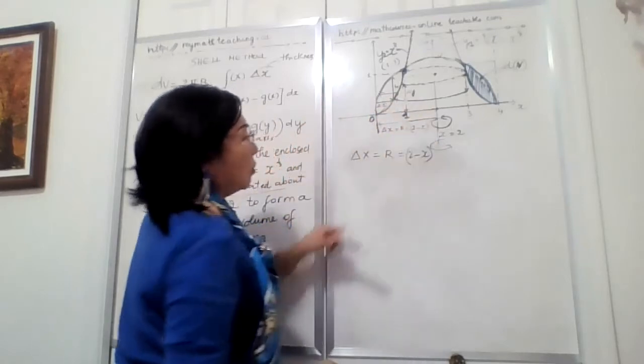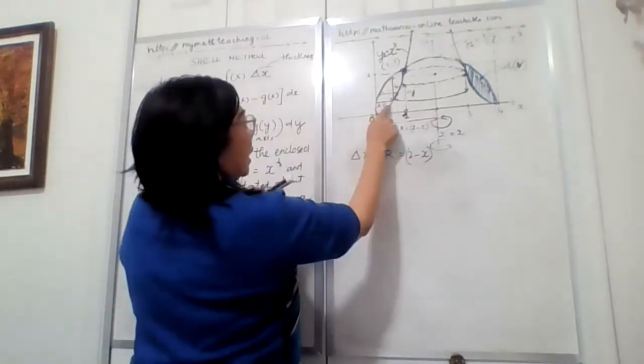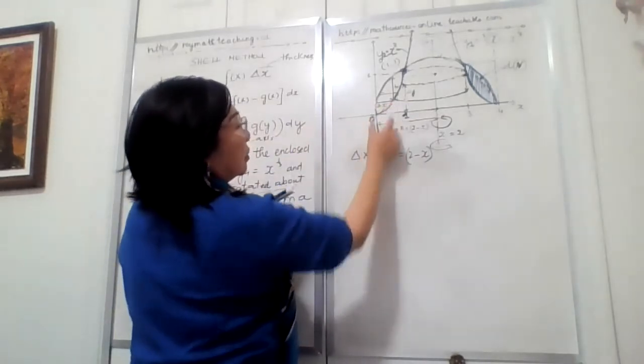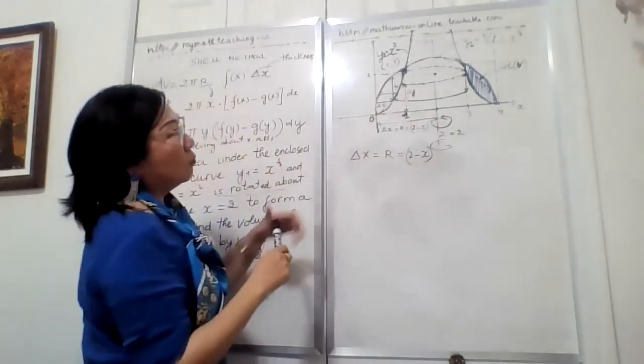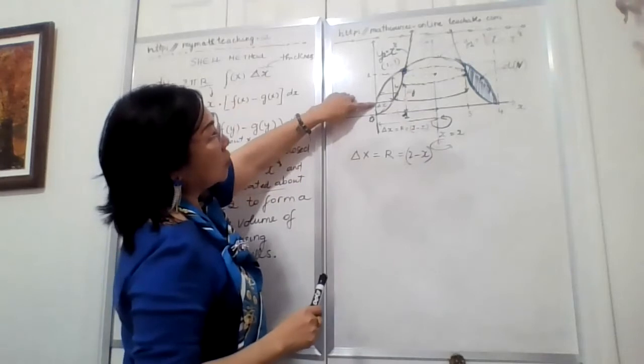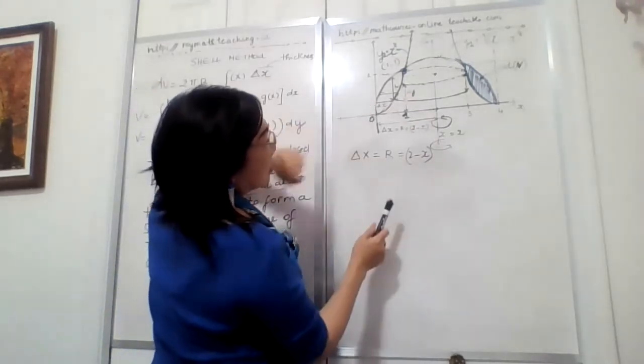So we do that. So this delta x here is this one here, okay?